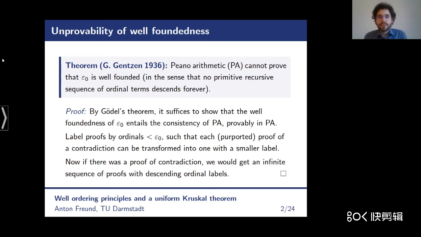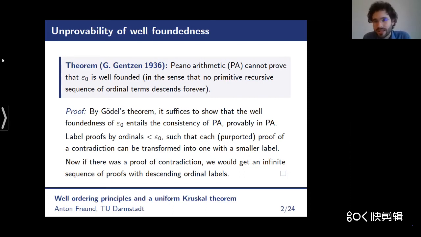Okay. Yeah, so why is this result of Gentzen interesting? Well, Gödel's theorem tells us that there must be certain statements which are unprovable in systems for the foundations of mathematics, such as Peano arithmetic, or also Zermelo-Fraenkel set theory.